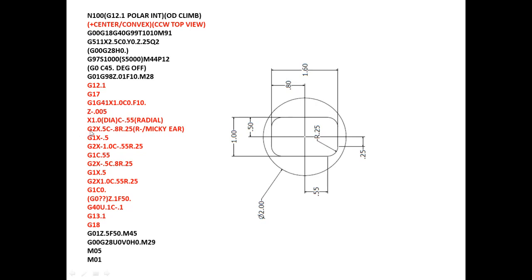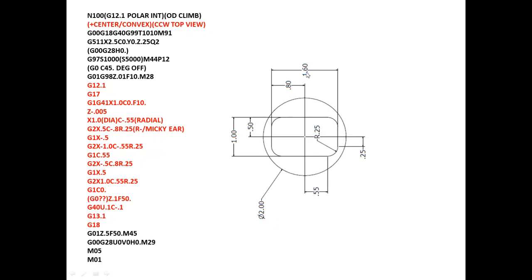On the next line I have G2, because the radius here is clockwise, so it's correct. G2 matches the clockwise radius here, and we put the X-axis dimension of 250 thousandths from the center line, but we have to calculate it as a diameter. That's why we have X.5. And the C dimension is the radial value.